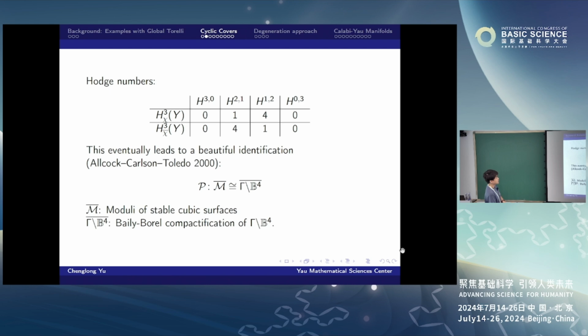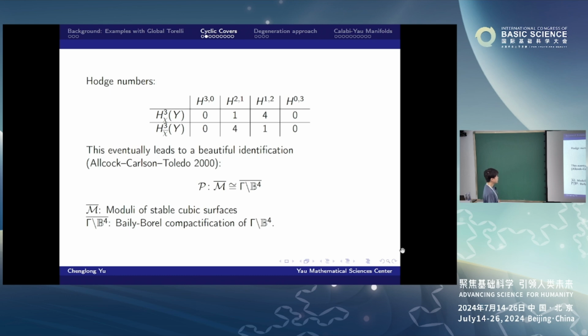Then this Hermitian form will have signature (1, 4). For the Hodge structure in this case, you just need to take out the position of this H^{2,1}. So you consider a one-dimensional subspace inside a 5-dimensional space together with a Hermitian form of signature (1, 4), and this H^{2,1} is positive definite under this Hermitian form. So the period domain is exactly a 4-dimensional complex hyperbolic ball.